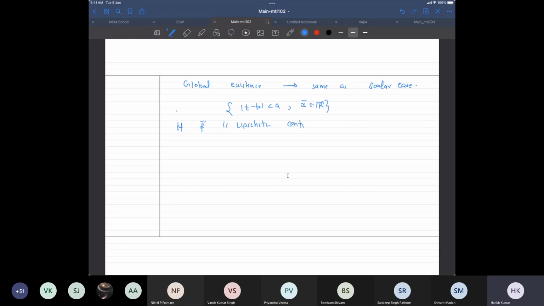That's what it means. This implies global solution on this strip.